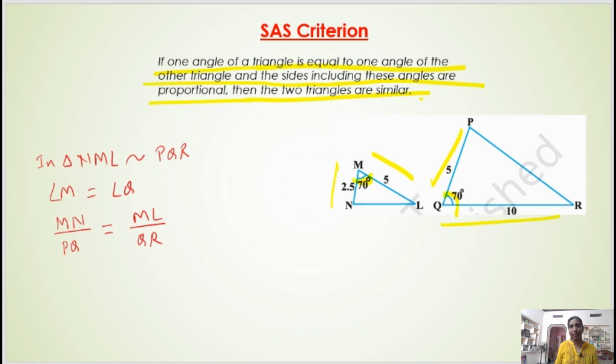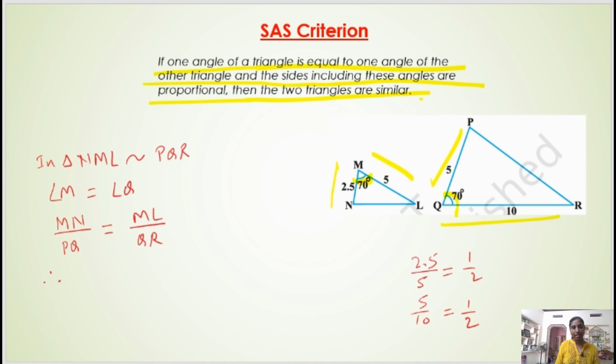MN by PQ means 2.5 by 5, which is 1 by 2, and ML by QR means 5 by 10, which is also 1 by 2. It means here one angle is equal and the sides including the angles are also proportional.